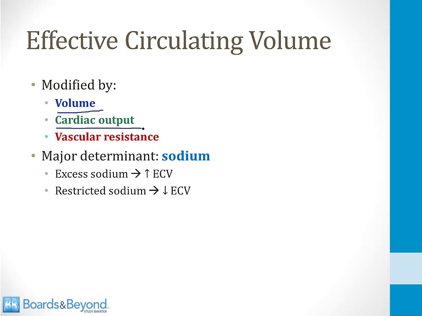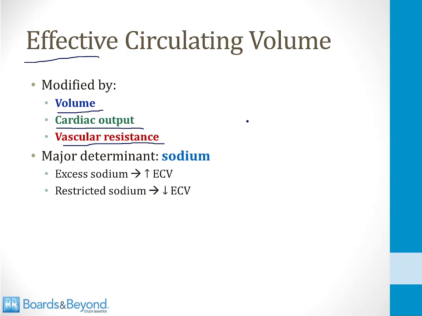This is because the fluid in the arterial system is more effective at perfusing tissues when the cardiac output is higher. You can also modify your effective circulating volume by changing the vascular resistance. If there's a significant drop in vascular resistance, this can lead to a very low blood pressure and a very low effective circulating volume, even though there has been no change in the total volume of fluid in the body.